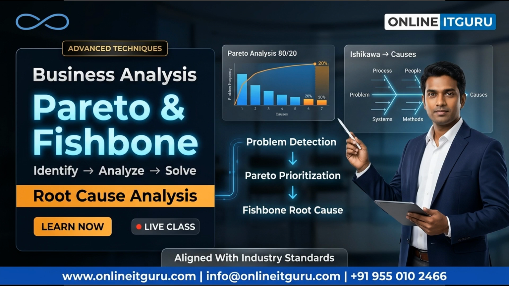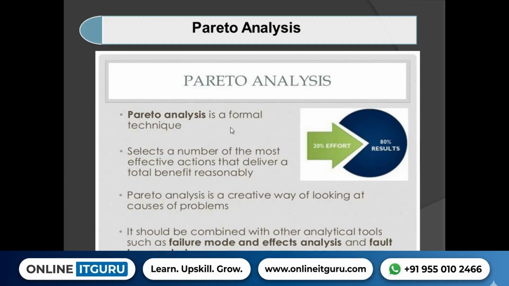Many of the problems in the industry are produced because of some common causes. It is also known as the 80/20 rule. That means 80% of the common problems are because of 20% of the same issues.